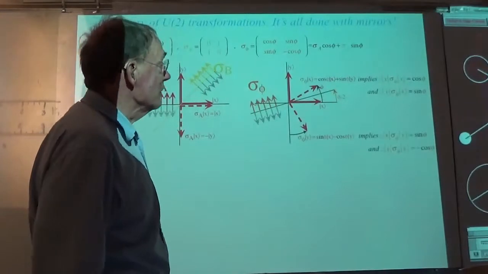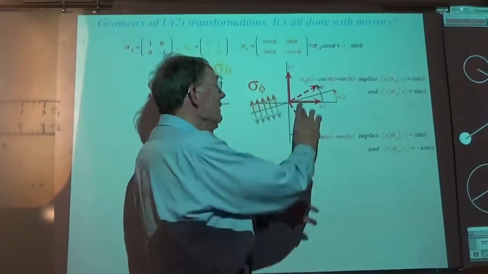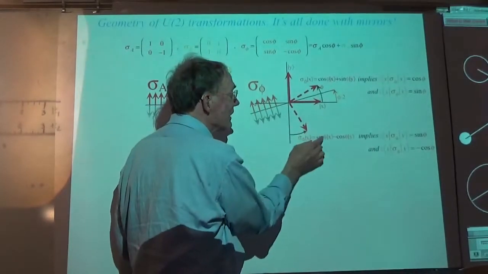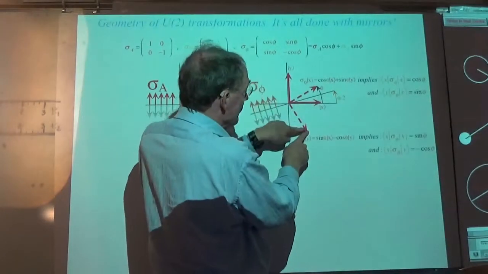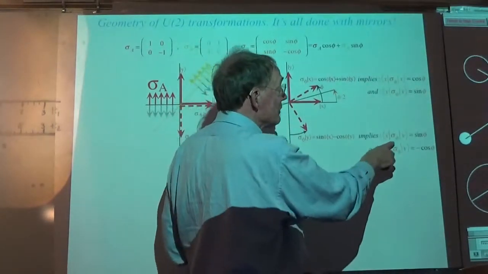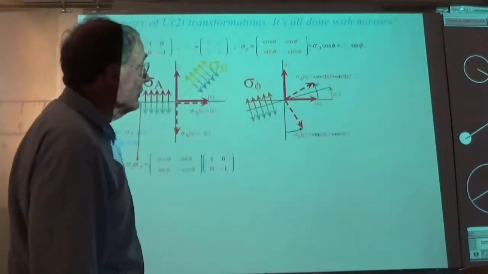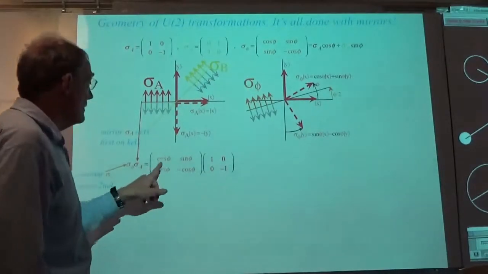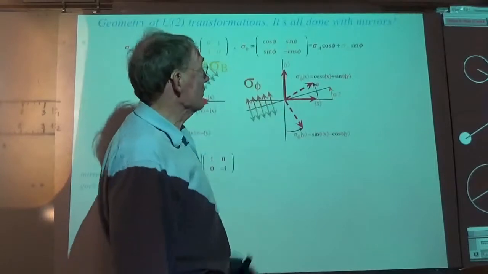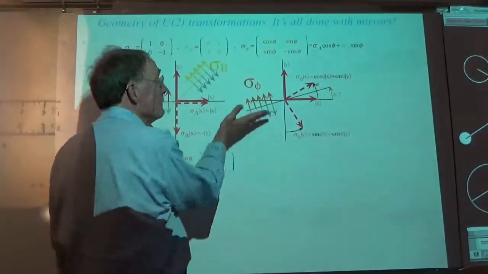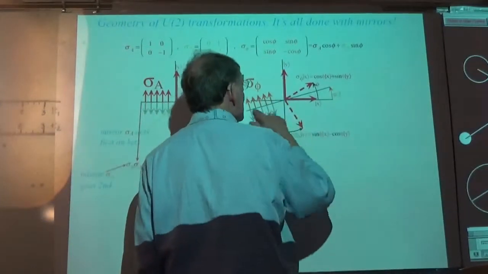And I go one step further, and I notice that this guy right here, which is made of sine and minus cosine, goes with that. Minus cosine is there for the reflected vector. This reflection right here, you see, implies in the y column I have sine and minus cosine phi. So this is the matrix that does that. That's what that sum is. You sum those two guys, that's the mirror plane you get. Put a minus sign on that and you get a mirror plane this way, perpendicular to this mirror plane.